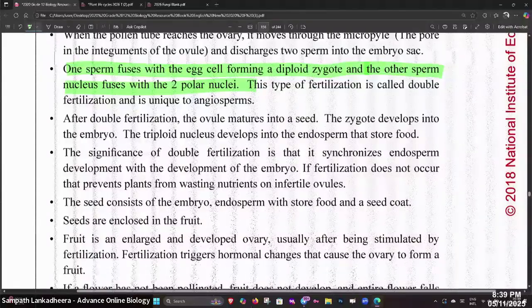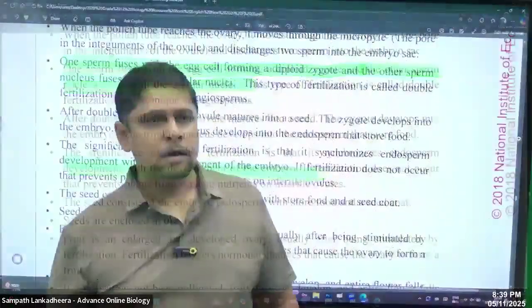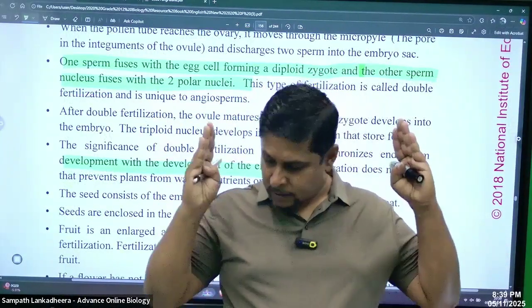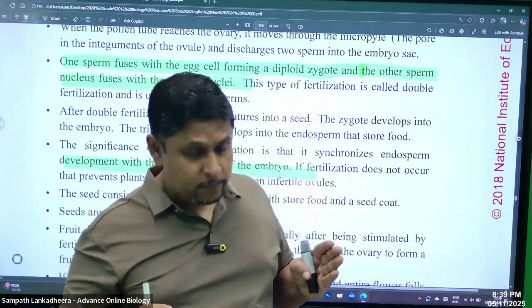The significance of double fertilization is that it synchronizes the endosperm development with the development of the embryo. So both happen at the same time. Synchronization means what? Two events happen at the same time, right? Endosperm formation and the zygote formation are now happening at the same time. That's good. Why is that good?